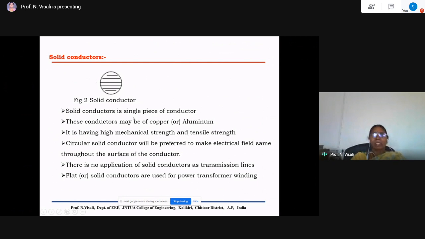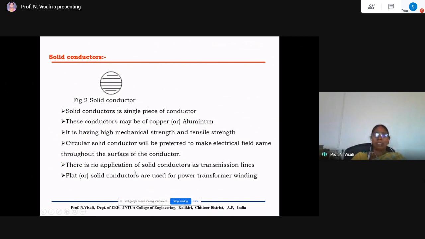Because of the circular cross section, the electrical field is made the same throughout the surface of the conductor, so it is uniform. Because of that, circular shape is considered for the conductor.